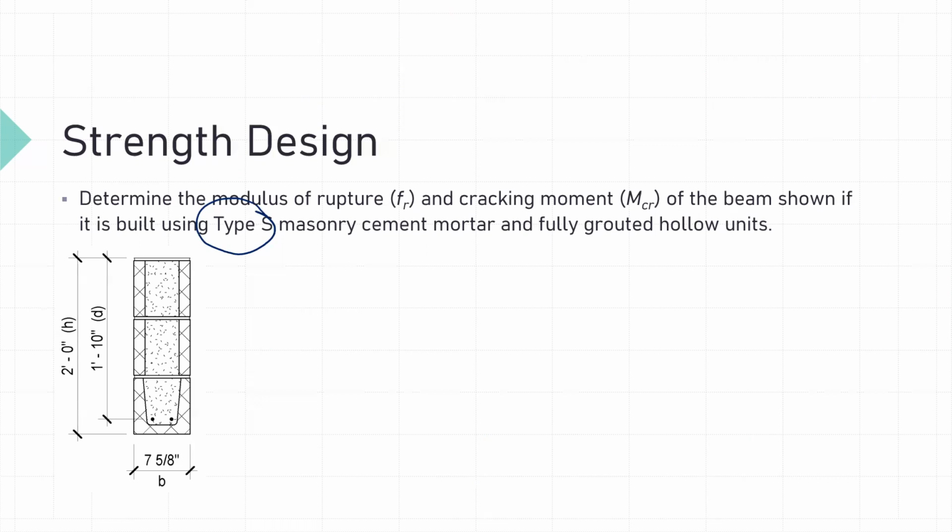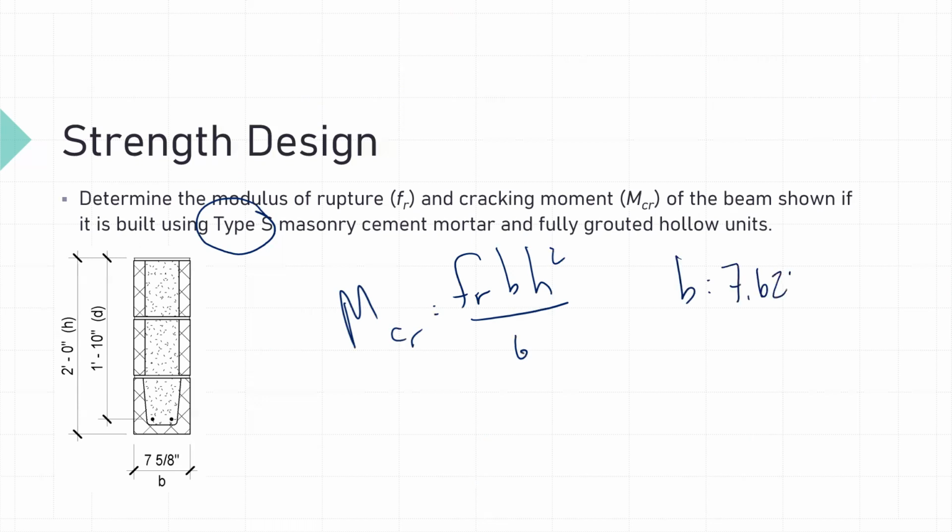So again, our cracking moment is going to equal our modulus of rupture, F sub R, times our B, our width, times our H squared divided by 6. And we know our B is 7 5/8 of an inch, so 7.625 inches. We know our H in this case is equal to 2 foot or 24 inches.